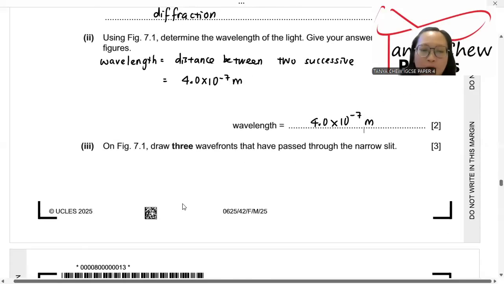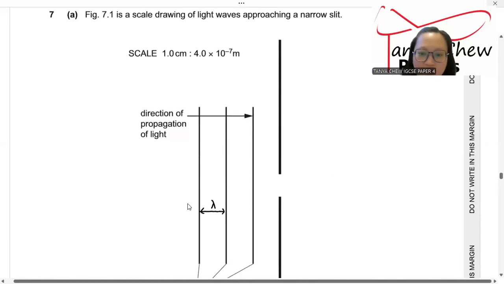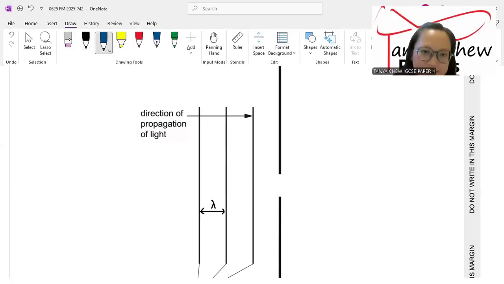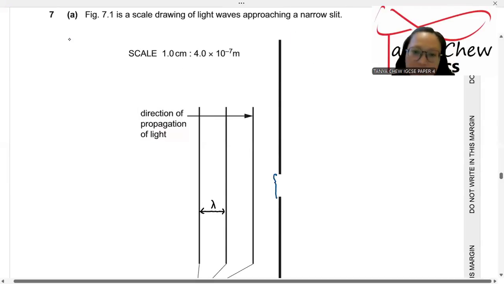Right, on fig 7.1, draw three wavefronts that have passed through the narrow slit. Right, so since you want to know whether this is a great diffraction that occurred or small diffraction that has occurred here, all you need to see is that I give you one important tip here. You compare the length of the wavelength and the length of this slit.